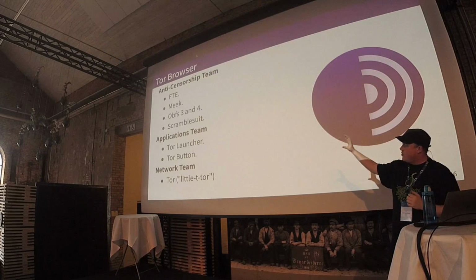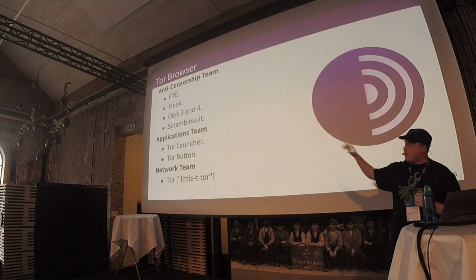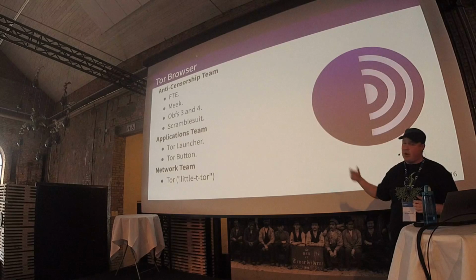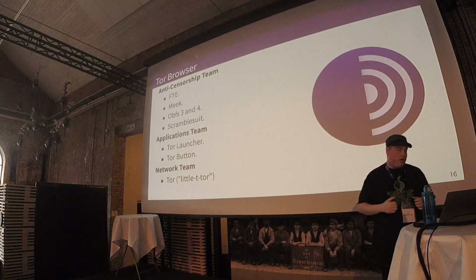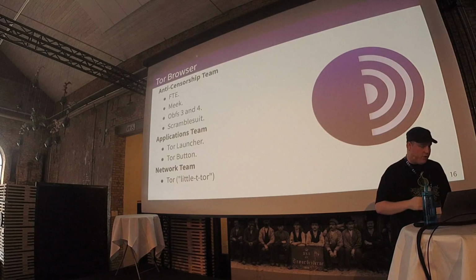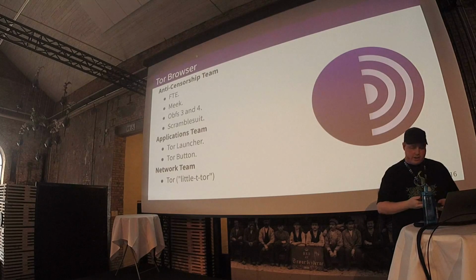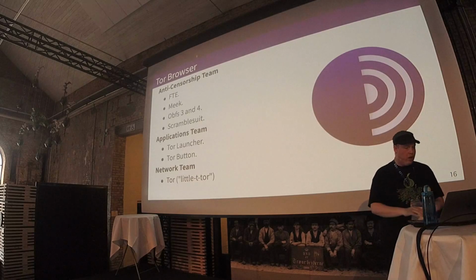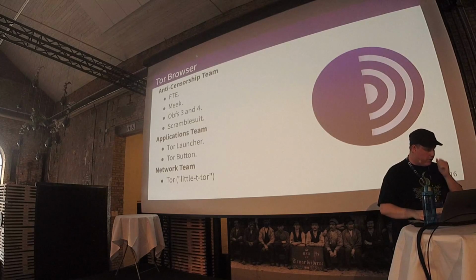The applications team is the one doing the actual browser. They have some extensions on top of it itself. And the network team that I'm on is the one that provides the Tor code base on top of all of this. And we all need to coordinate when we deliver things and at what time, so that the release cycles can go through properly.